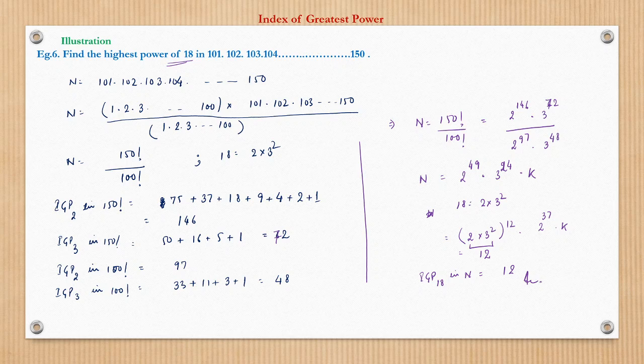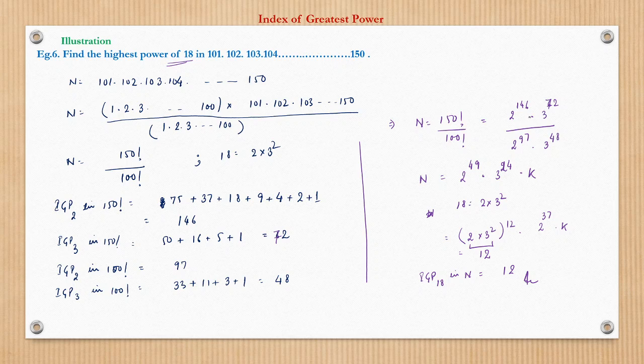Let us once again recheck the calculation for mistakes. IGP of 3 is 72, so 24, and here it is 16. Fine. What we did is break 18 into the prime numbers 2 and 3.